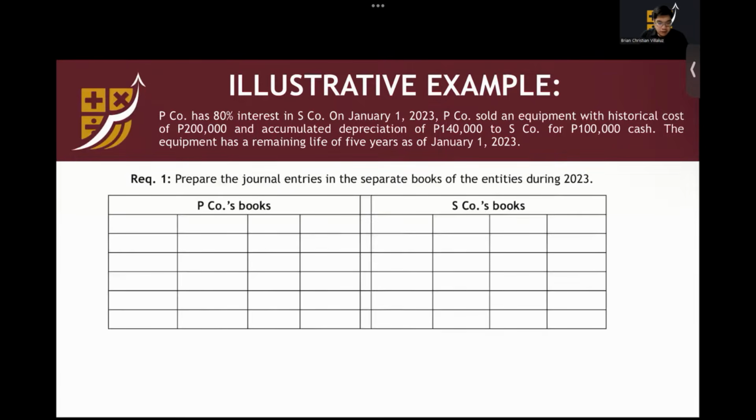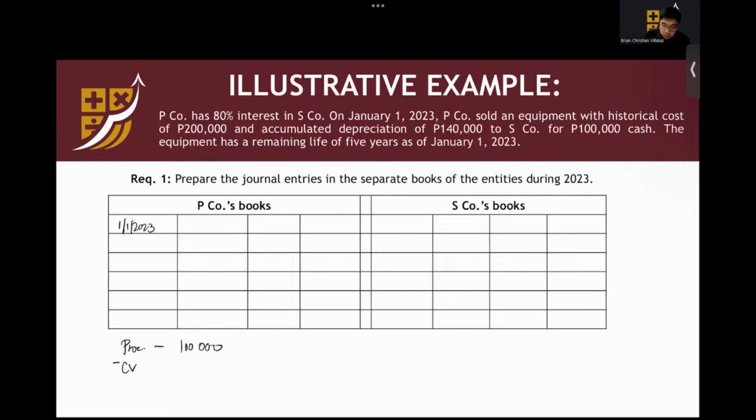Okay. So requirement number one, let's open the separate books of the parent and subsidiary. January 1, 2023. Let's analyze the sale. How much are the proceeds? 100,000. Compare this with the carrying value of the equipment.